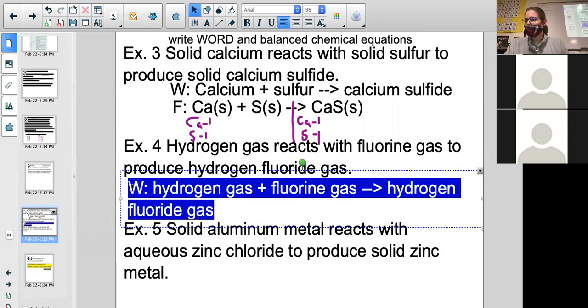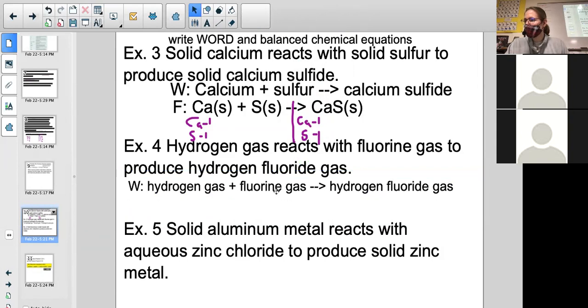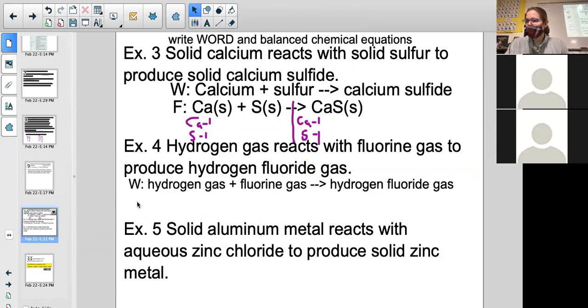I'm just going to make my font a little bit smaller so I can squeeze it in on one line. There we go. So there's the word equation.